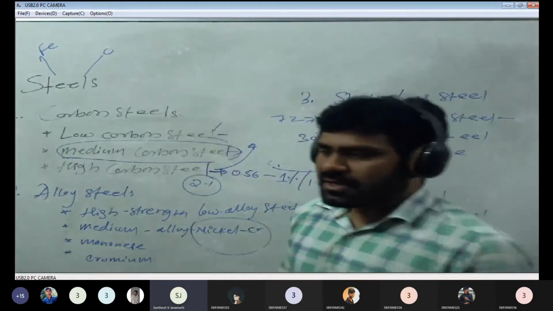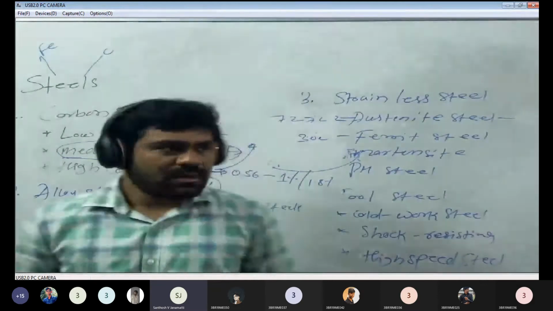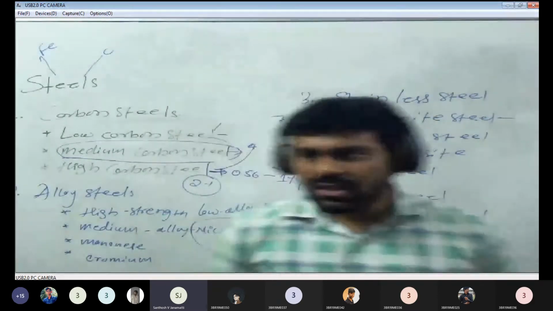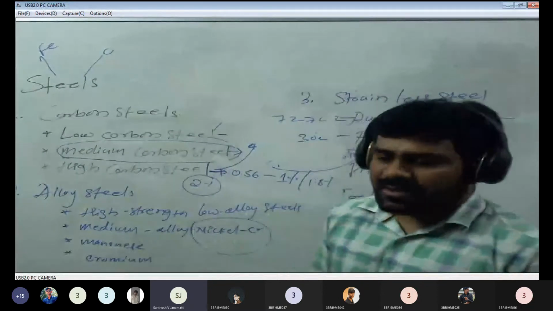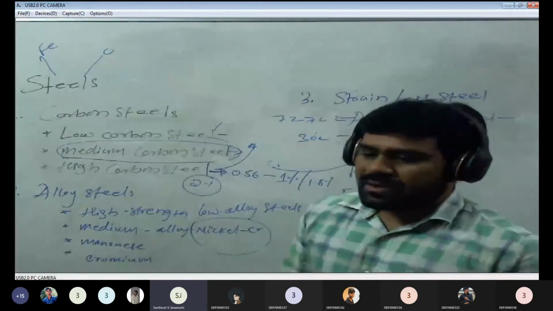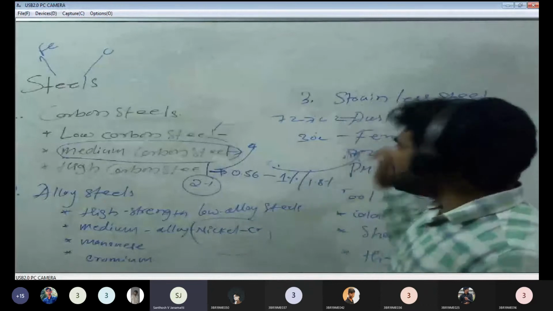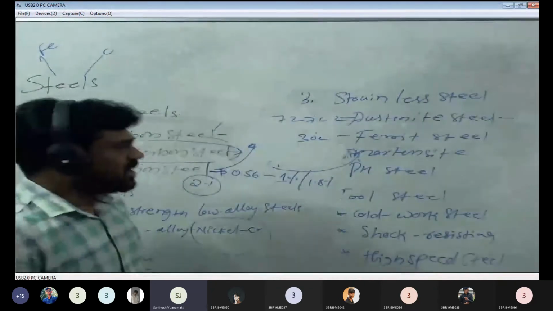Now we are sitting upon a chair, sitting upon cots, and working like this. These are stable at room temperature. Nothing will happen at around 30 degrees Celsius. These kinds of steels you can call ferrite steel.